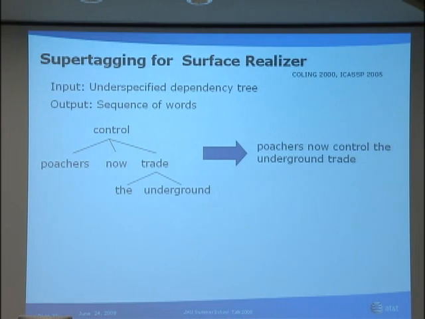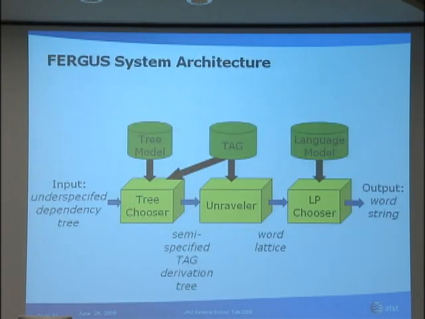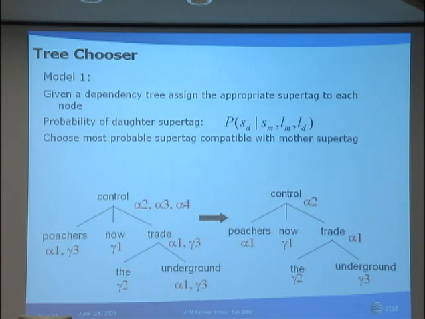Again, this problem can be modeled as a tagging problem, except the tagging that we saw in the supertagging case was done on a string. Instead of doing it on a string, now you have to do it on a tree. Given the features of the tree, the subtrees, you want to assign the right tag for each word.